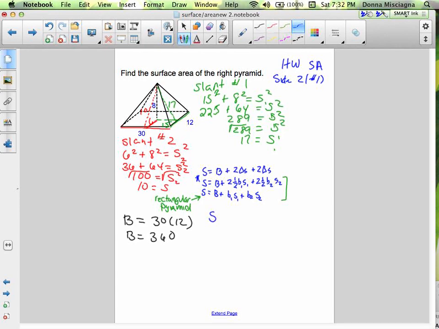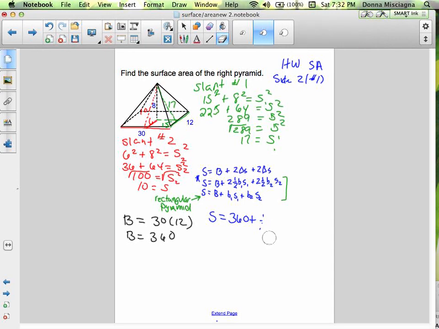So, our surface area is equal to the area of the base. That was 360. Plus 1/2, right, because it's a triangle. Base number 1, so slant number 1, that has 17, goes with 12. And there's two of them, right?